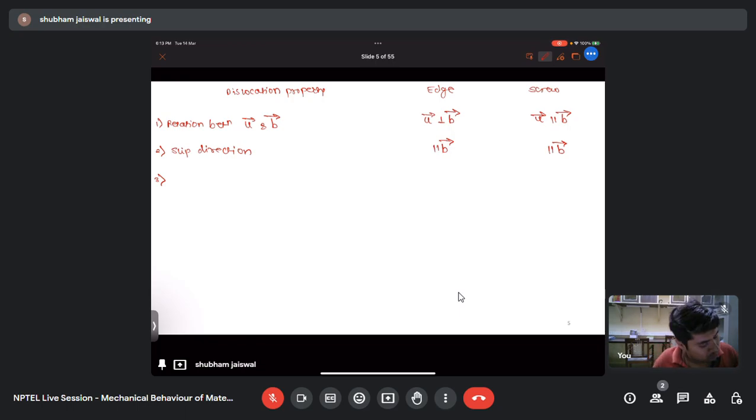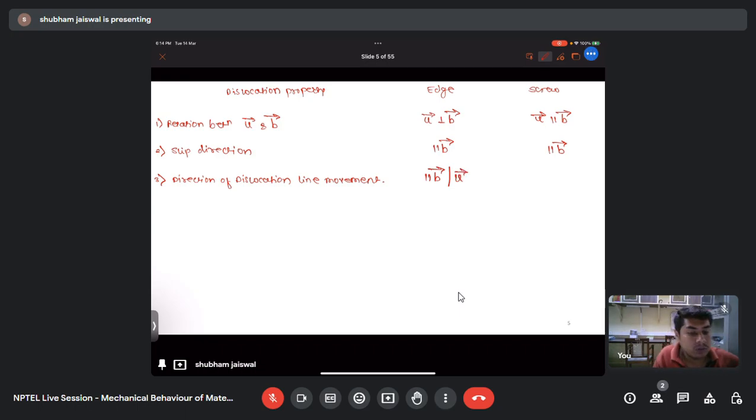Like in the edge dislocation, it moves parallel to the Burgers vector, or it is perpendicular to your line vector.